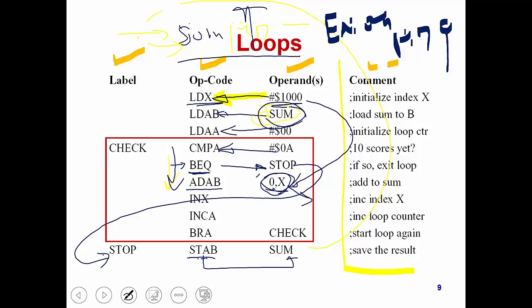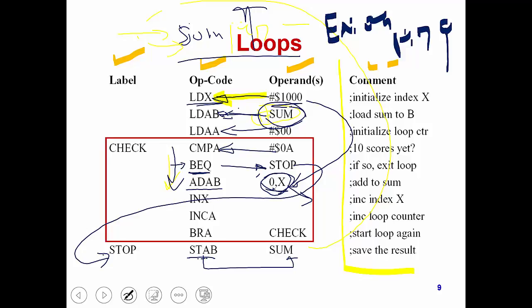So we add the value x points to into the value of SUM. But here we specify this using B, not SUM, because you cannot perform arithmetic operations on memory. That's why you load SUM into B.